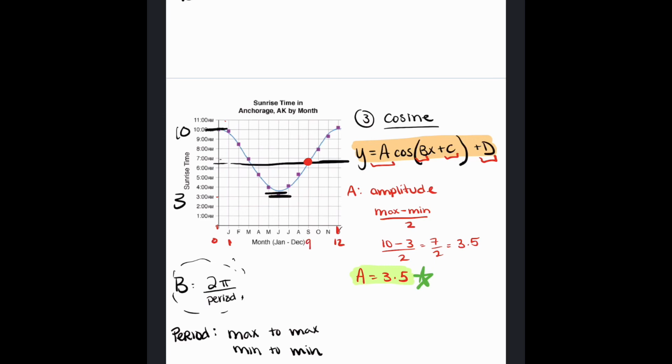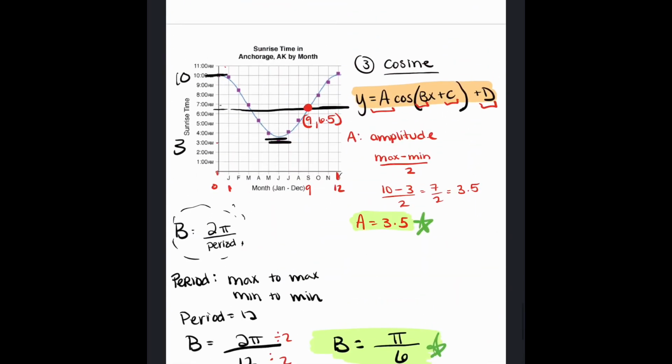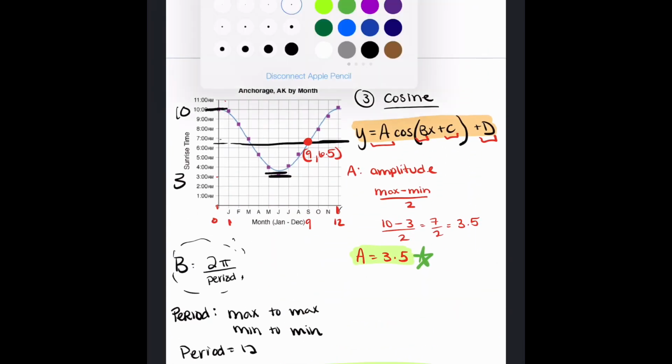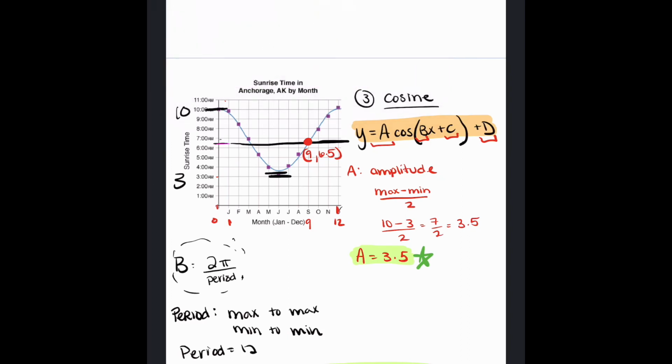This would be over 9, up 6.5. So this is going to be my new starting point for my sine graph because it's an intersection; it touches this midline here. And that's the requirement when you write a sine function. It has to intercept the midline.